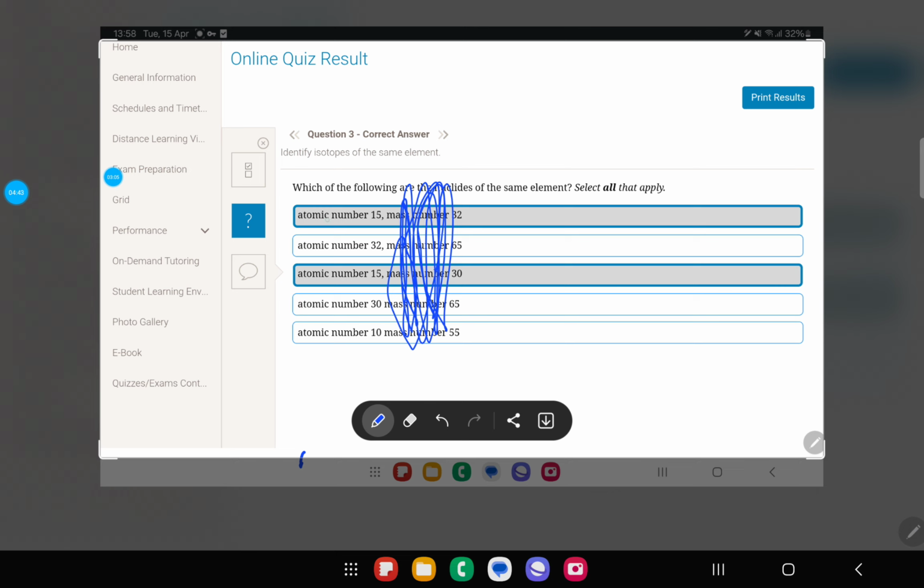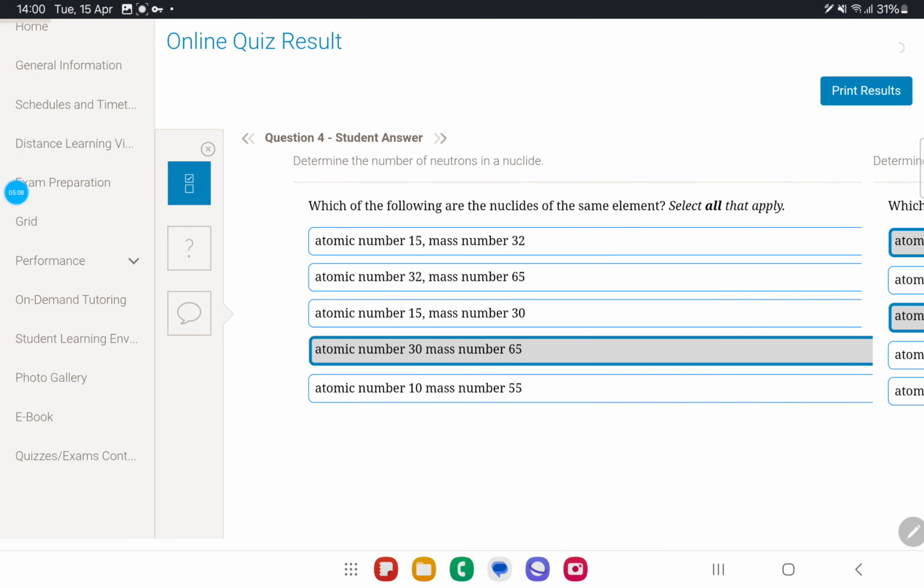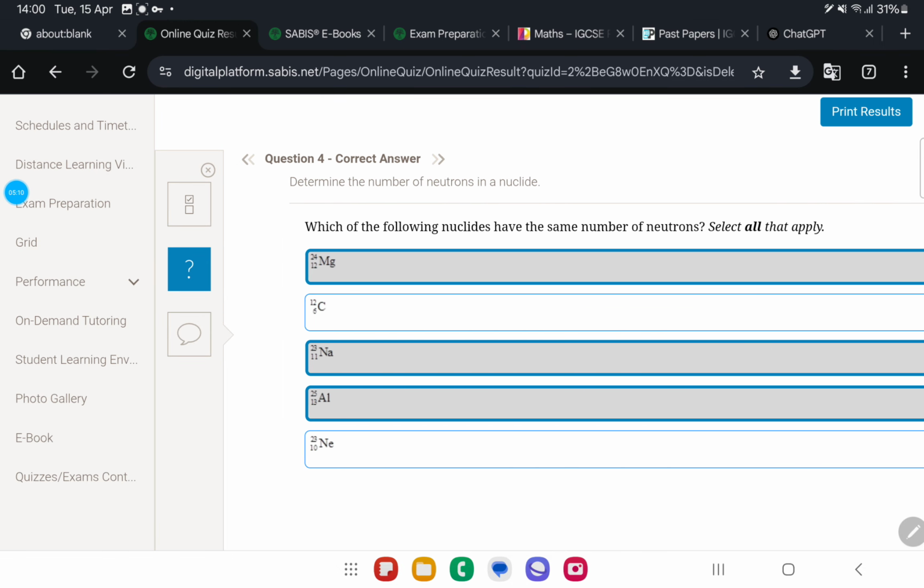Here it's 15, here it's 32, so it's wrong. Here it's 10, so it's wrong, because 10 and 15 are different numbers. 30, of course, wrong. The only one left is the one with 15. They have the same atomic number, which is 15, which makes them isotopes. All simple stuff, all stuff we took in chemistry.